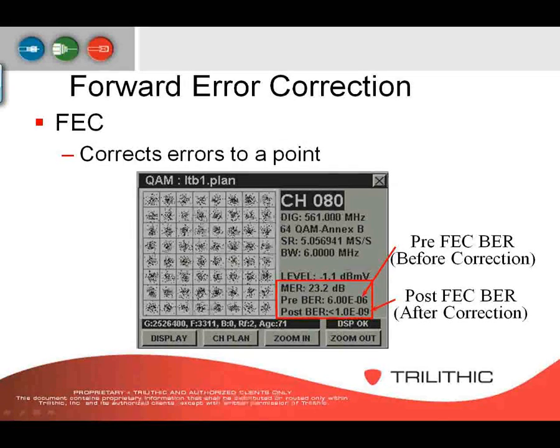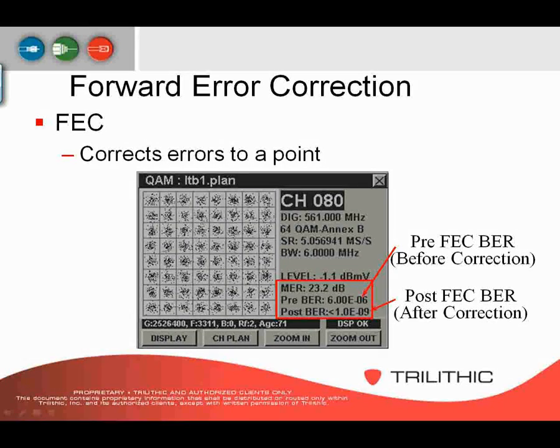Now, forward error correction, the FEC, can make corrections to the errors, but only to a certain point. Forward error correction adds redundant information to the data stream to decrease the number of bit errors introduced by the transmission channel. The BER before forward error correction is the sum of all bit errors, correctable and uncorrectable.